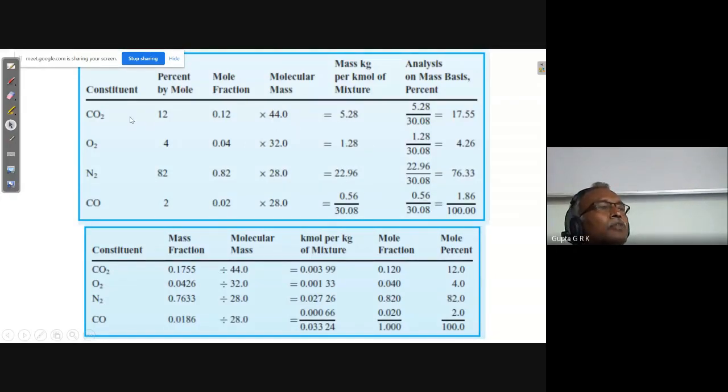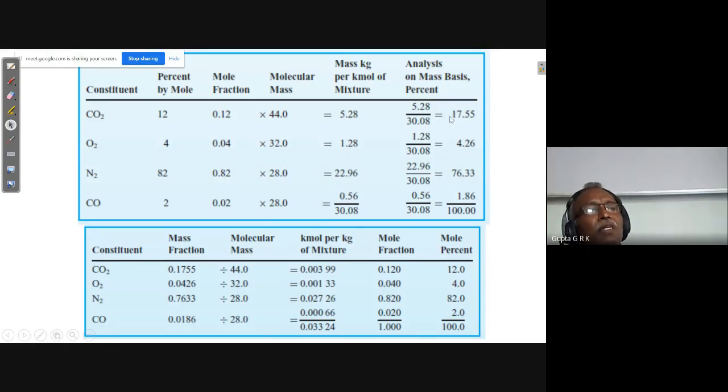So CO2 is 44, O2 is 32, N2 is 28, CO is 28, 16 plus 12. And we get the masses of each component, and the total mass is this. And if you want mass fractions, 5.28 by 30.08, 1.28 by 30.08, like that I can find out all the mass fractions.